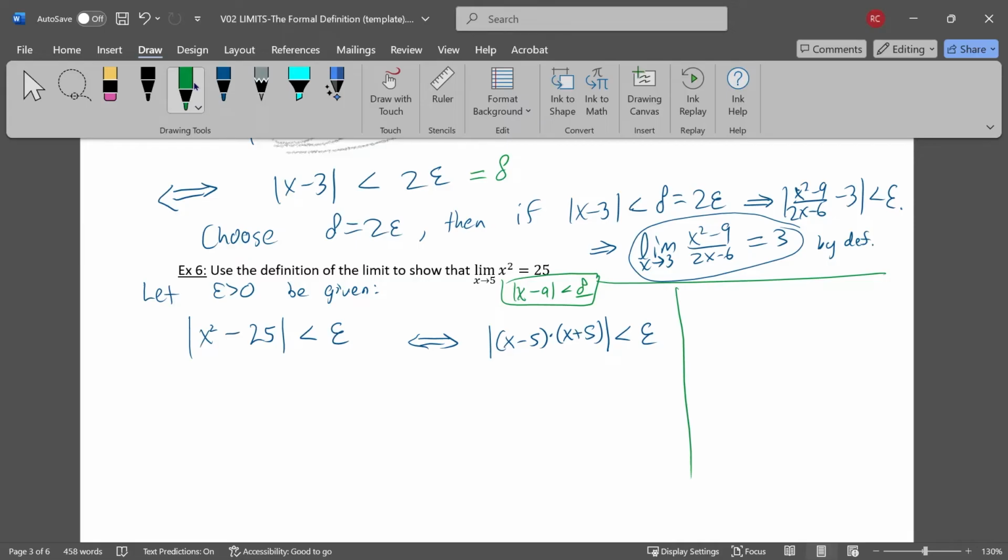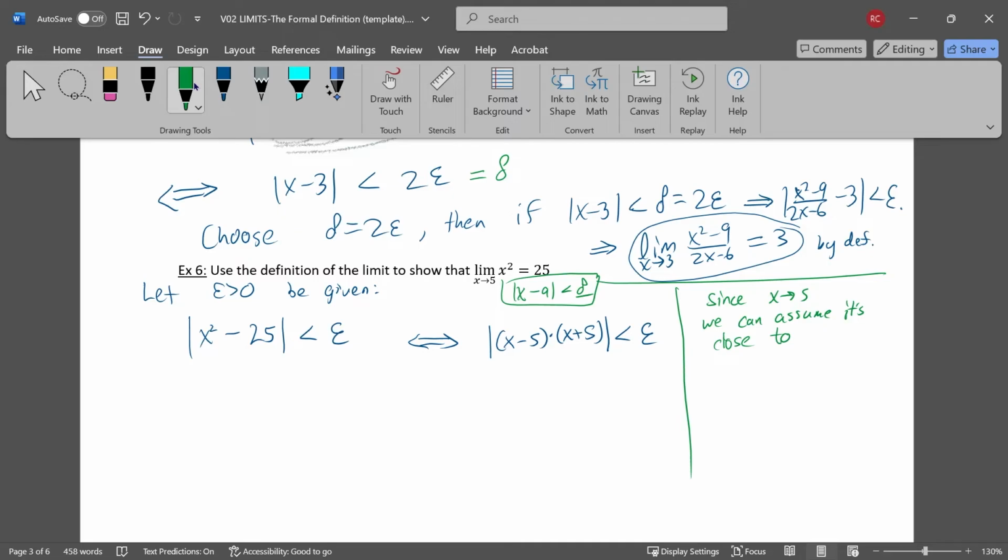So now we're going to do another little aside here. Since we're talking about a limit, so since x is approaching 5, we can assume it's close to 5. Because we don't care what's happening like when x is 1,000, right?